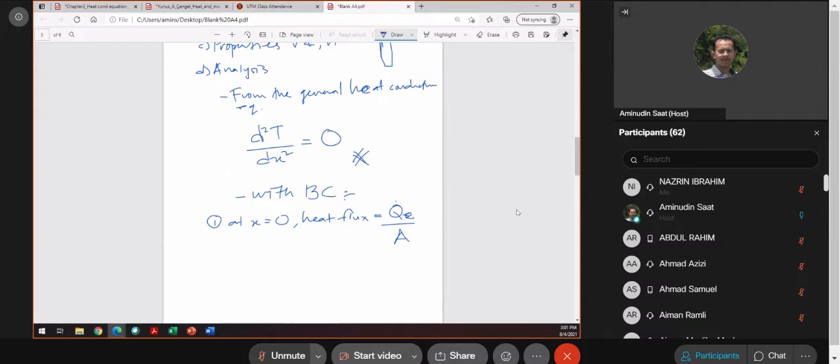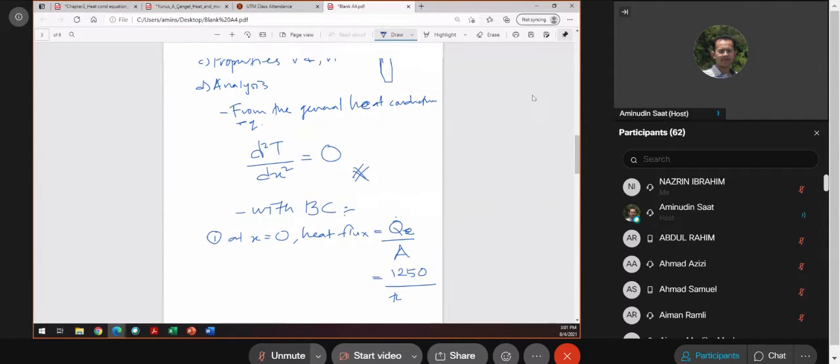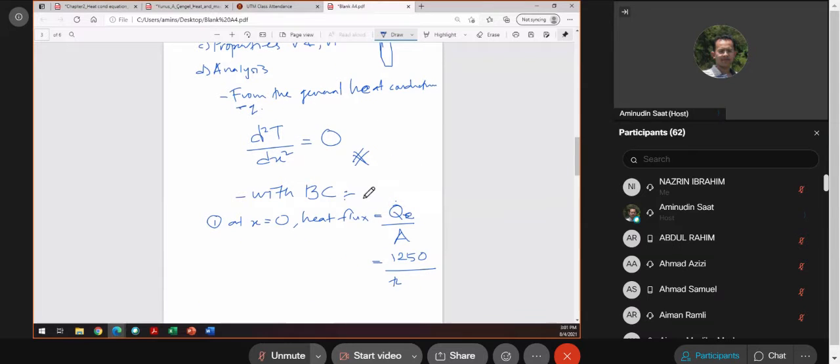So this one equals 1250 watt divided by pi d squared. What is the diameter? The diameter here is 20 centimeter.